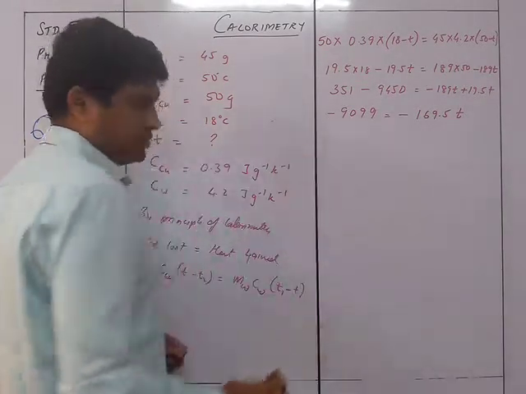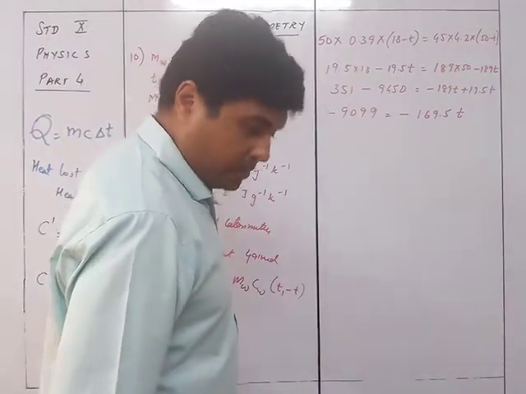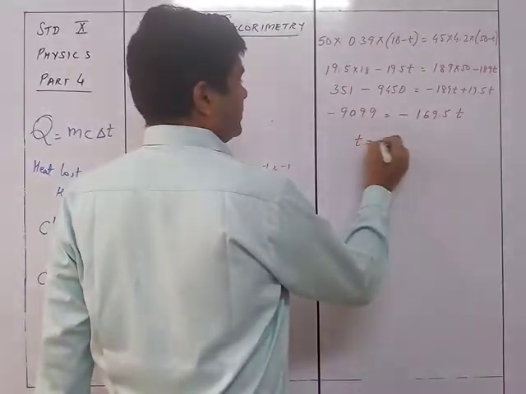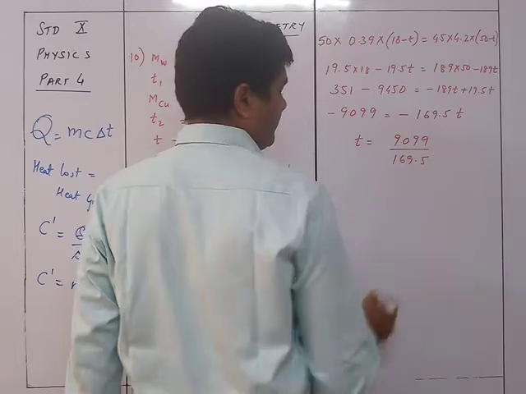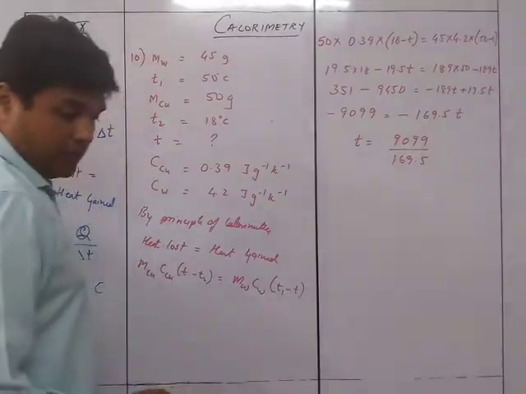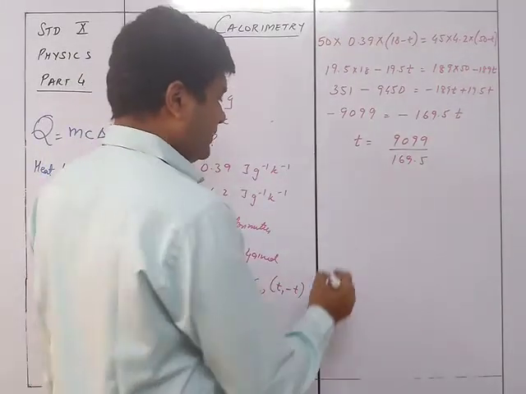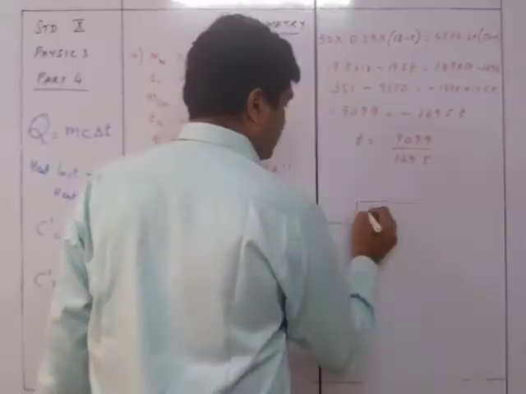Okay, quite a calculation, right? So t is equal to 9099 upon 169.5. We are going to divide this thing, so yeah, you need to divide it, no problems.